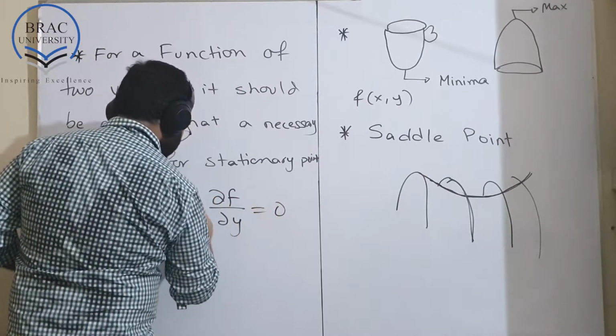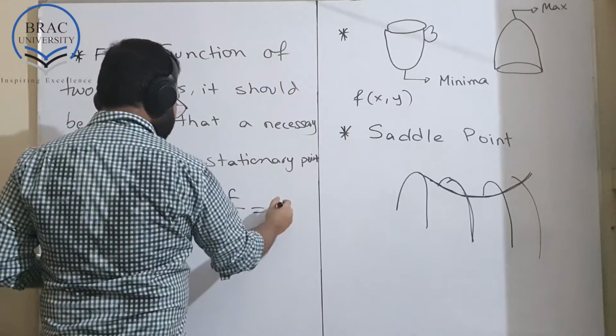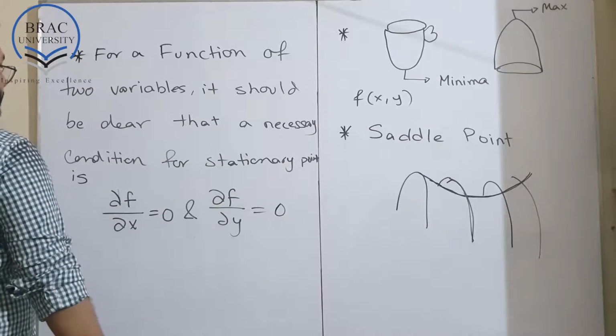Both of them are a requirement. If both of them are 0, then we have a stationary point of a two variable function.